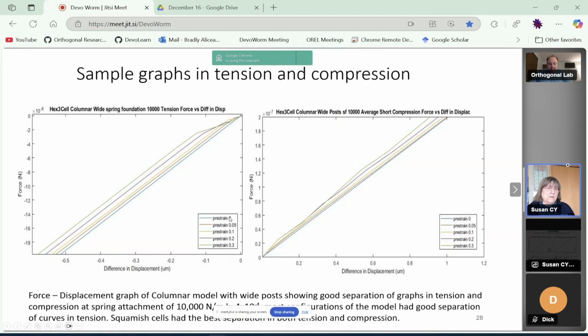And this shows the different pre-strains that I tested. And you can see a good separation of curves in both tension and compression. And mostly this separation of curves for both tension and compression occurred in the squamous model, not the other models.